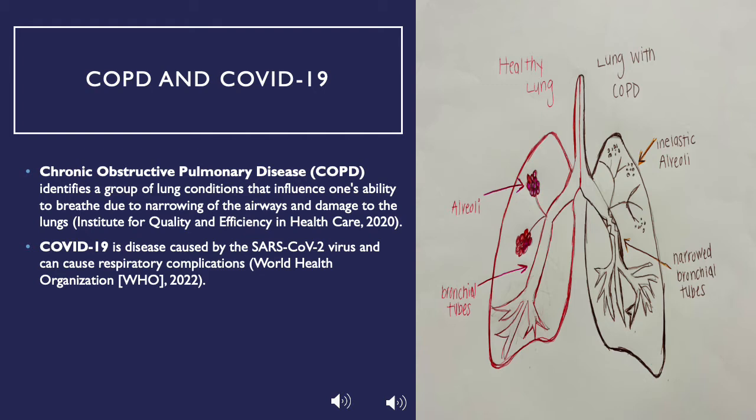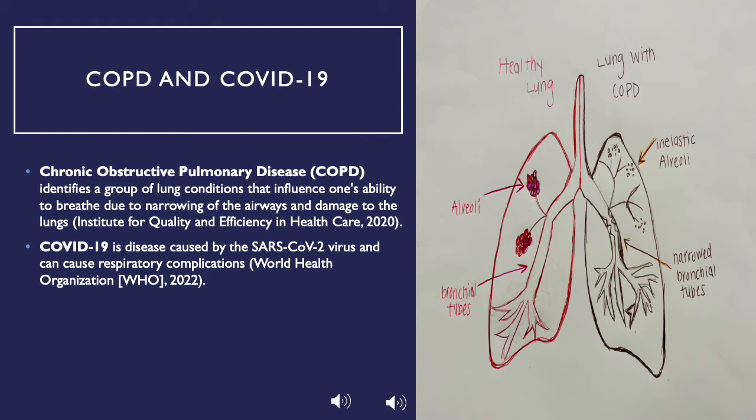Again, this is a progressive condition. And COVID is a disease caused by the SARS virus and can cause respiratory complications as well. We will be talking about how these two pulmonary conditions are very similar in the way we treat our patients.